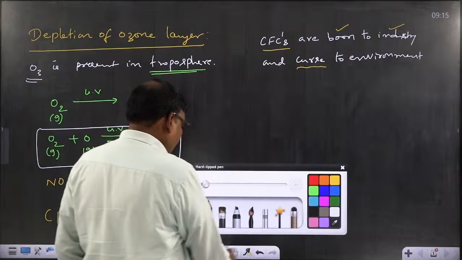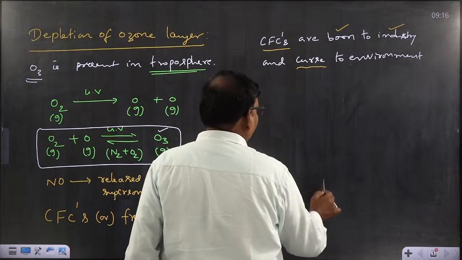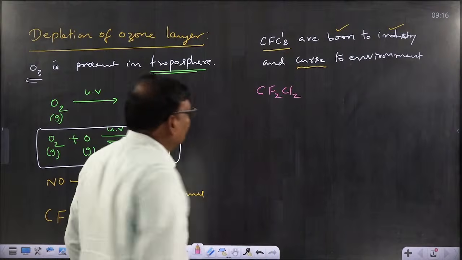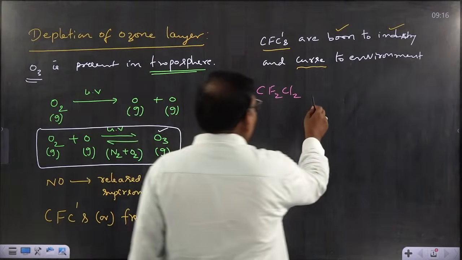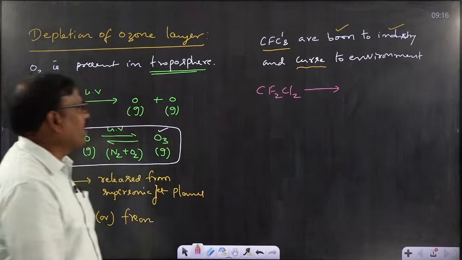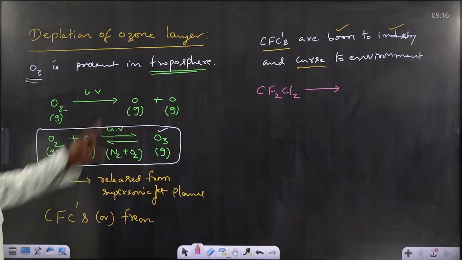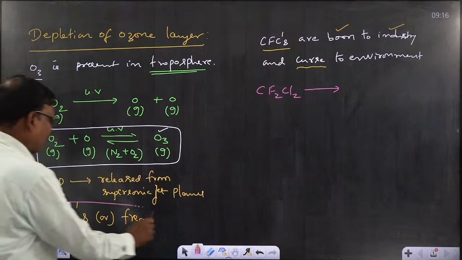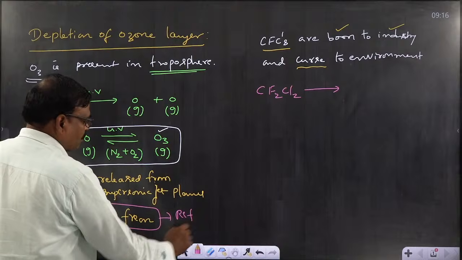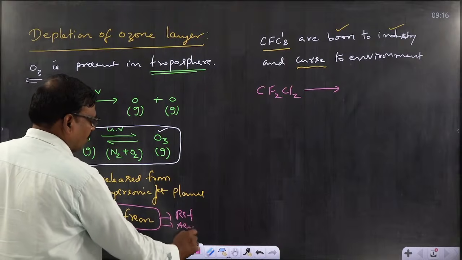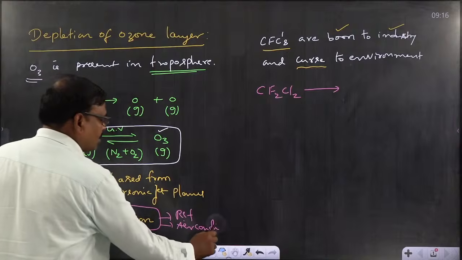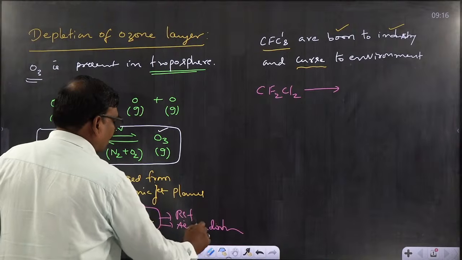Let us consider an example of freon, CF2Cl2. CFCs or freons are used in air conditioners and refrigerators, which produce a cooling effect.